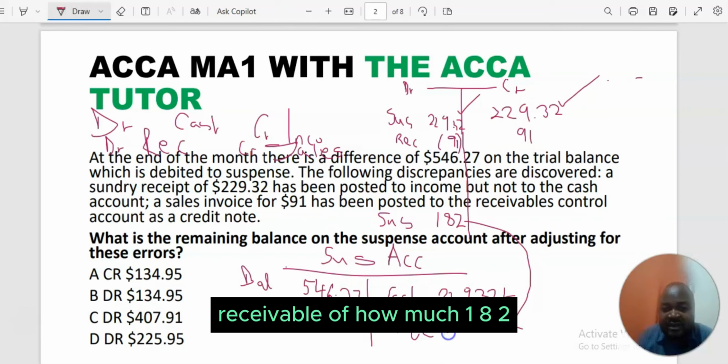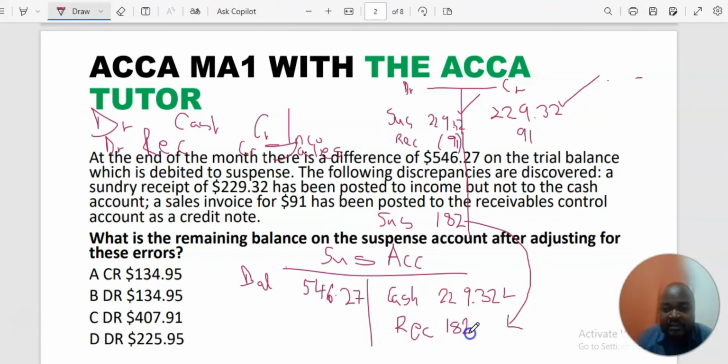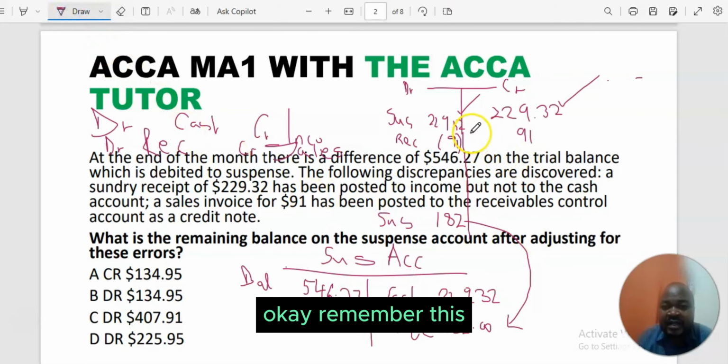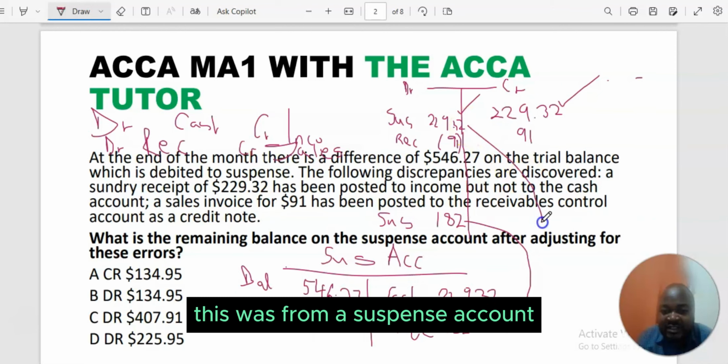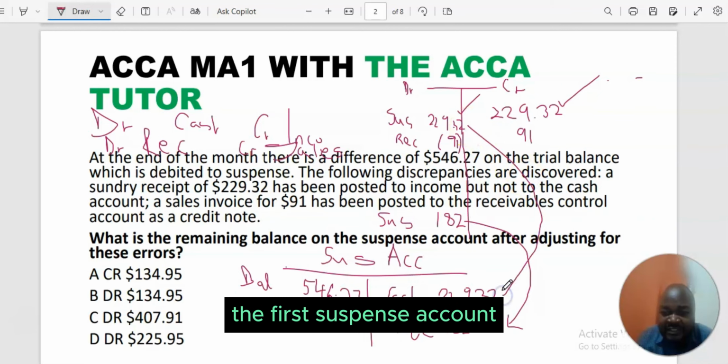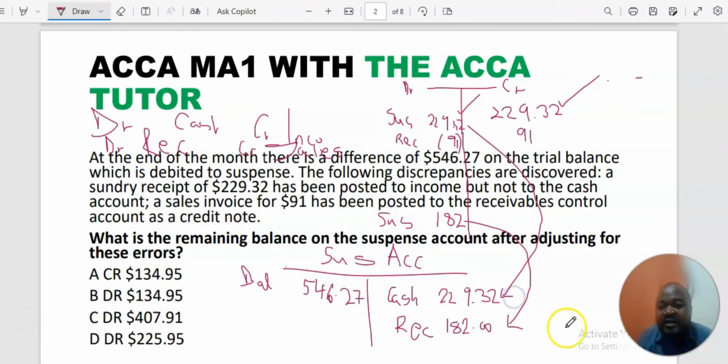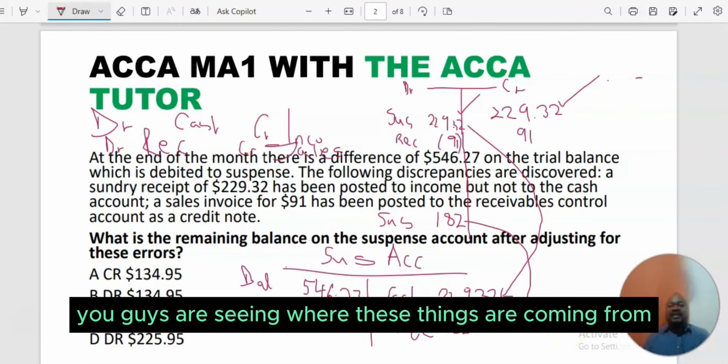Receivable of how much? 182.00. Okay, remember this. This was from a suspense account, the first suspense account. I'm sure you guys have seen where these things are coming from.